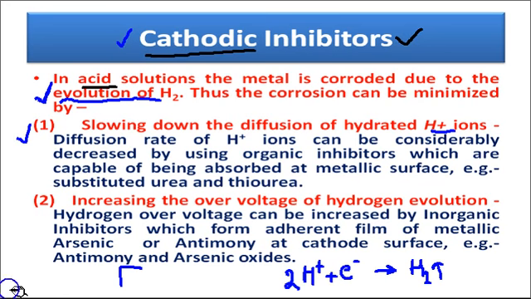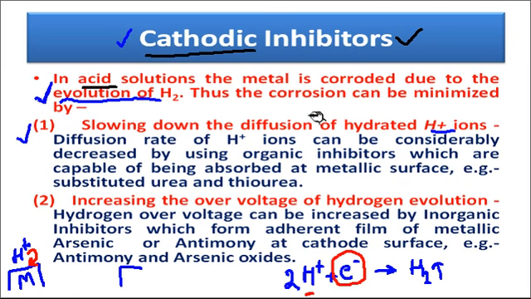Suppose this is our metal surface, cathodic part, and H plus ions are there onto the metallic surface. If we can minimize the diffusion of these H plus ions onto the metal surface, then the H plus ions cannot take up these electrons. So the driving force of the anodic reaction will stop, because no consumption of electrons takes place. So the overall corrosion reaction is minimized.